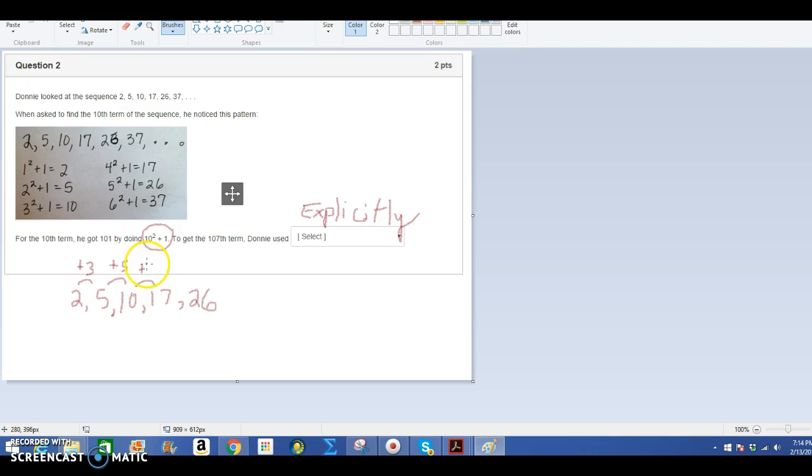I'm sure you're catching on. This one's going to be a plus 9, a plus 11, a plus 13, and he'd have to keep going until he got to the 10th term. So he'd be way down here before he got his answer. But that's how he would have done it recursively. So hopefully you're starting to see the difference between recursion and explicit.